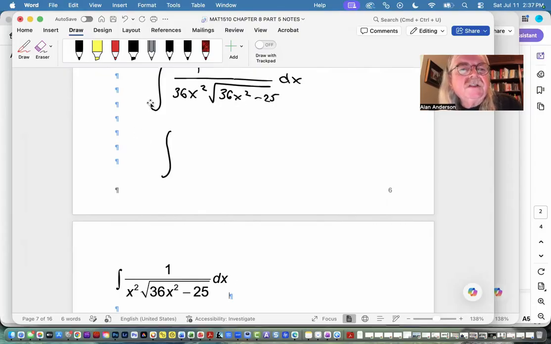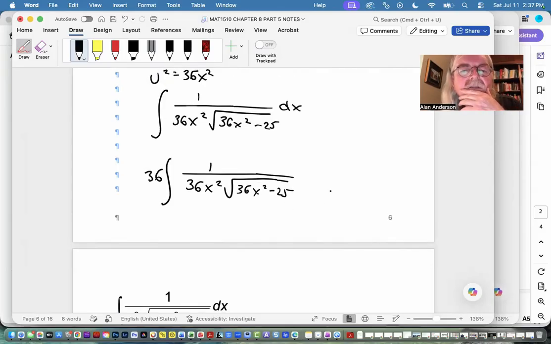So since the 36 is in the denominator, we could just multiply out here by 36. Okay, that's good. But we still need a 6 for this dx.